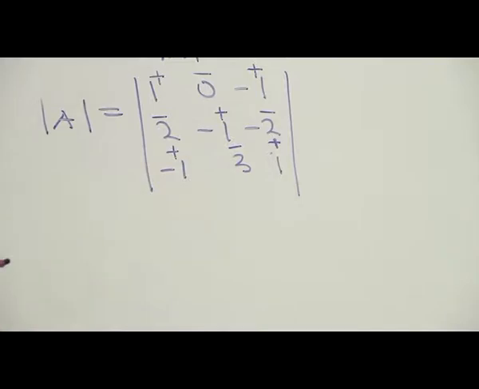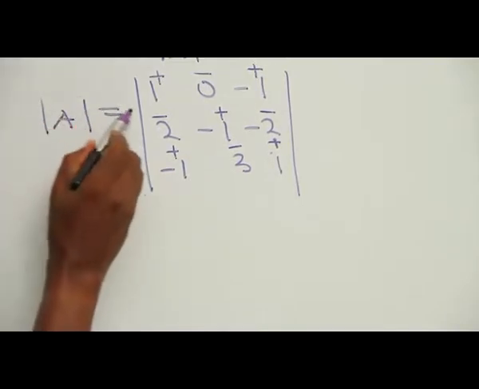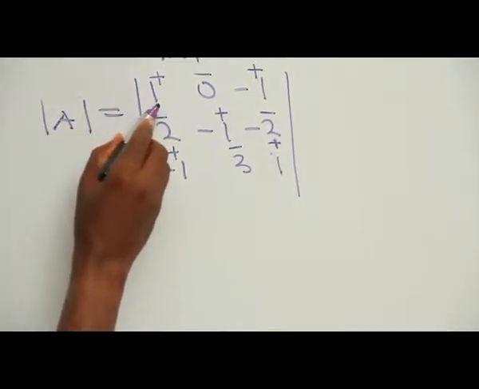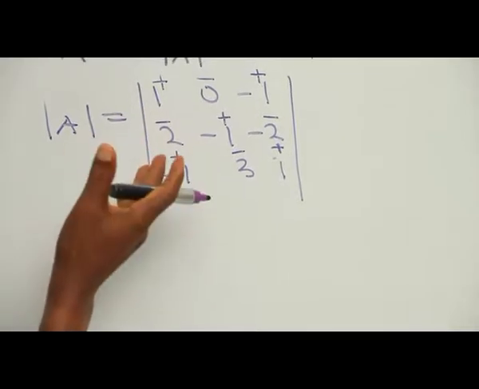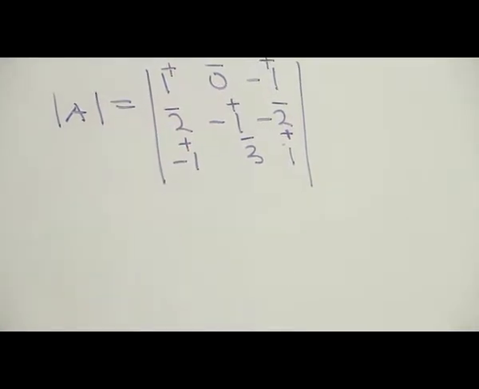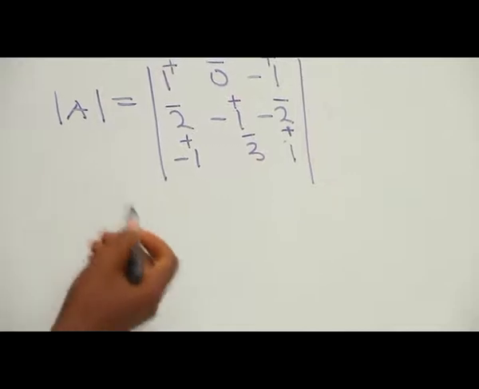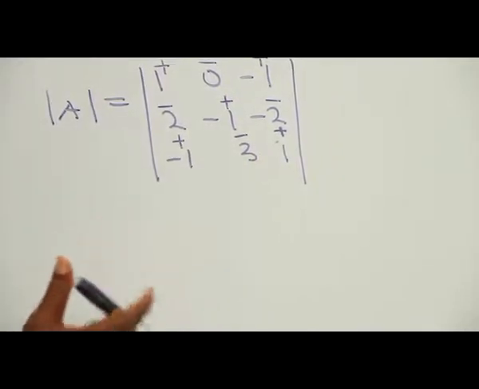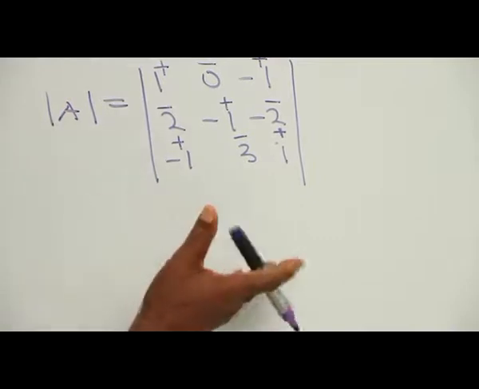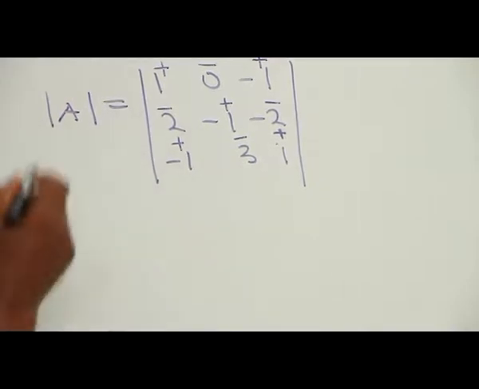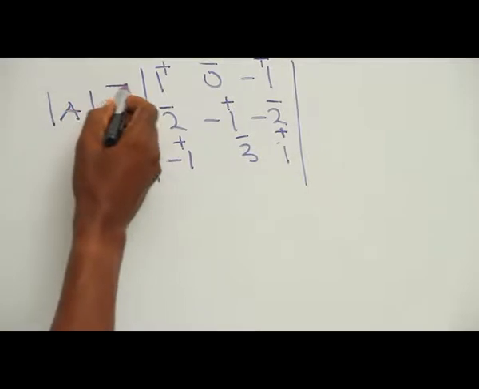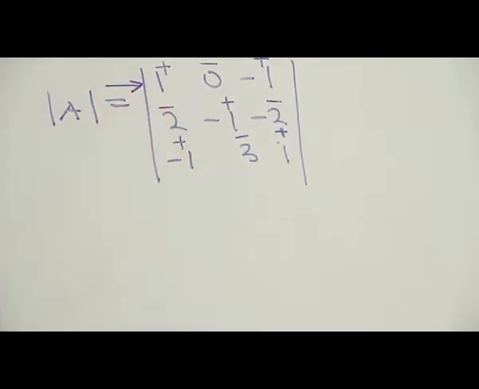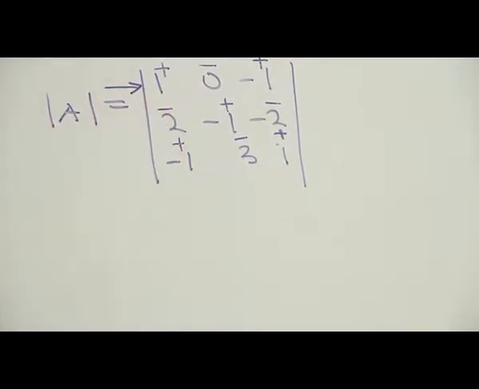But I will also let you know that it is always better to use the row or the column that has zeros, because if you multiply any value by 0, the answer will be 0. So that eliminates that and makes it faster and easier for you. So we are going to use the first row, in this case, to find the determinant of that matrix A.